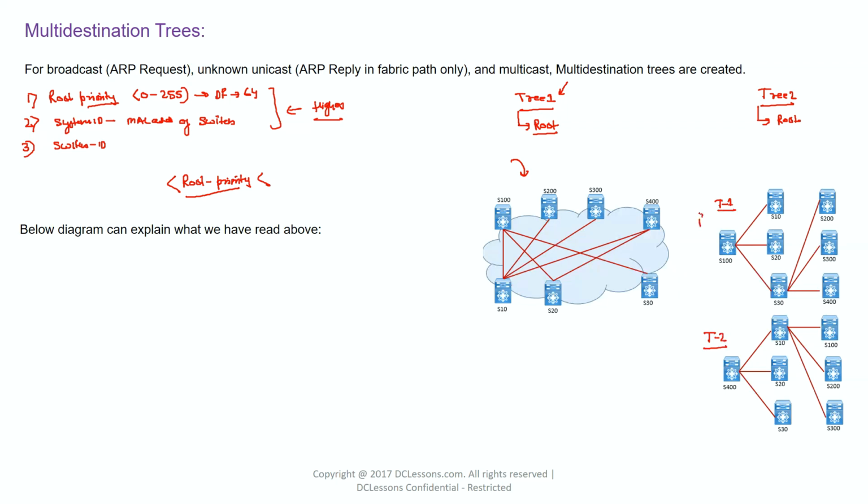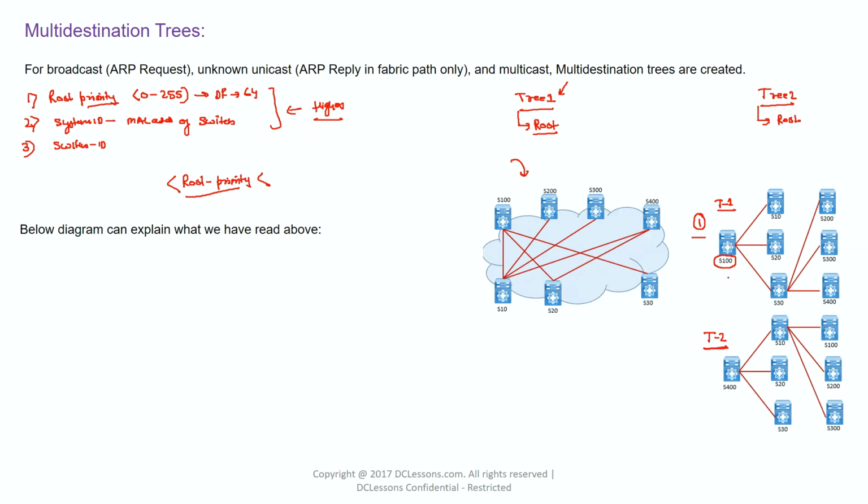At first, tree 1 will be created, and after negotiating the root priority, system ID or switch ID, switch 100 becomes the root for tree 1. From the root, the shortest path to reach all the switches will be created, and this forms tree 1.